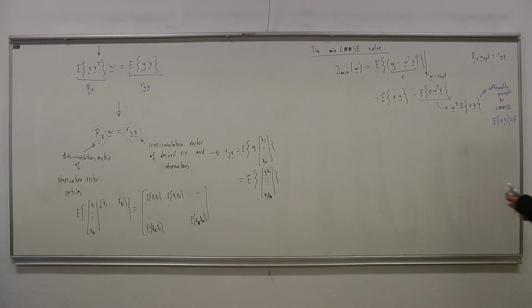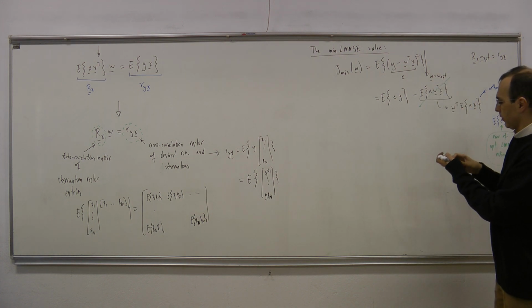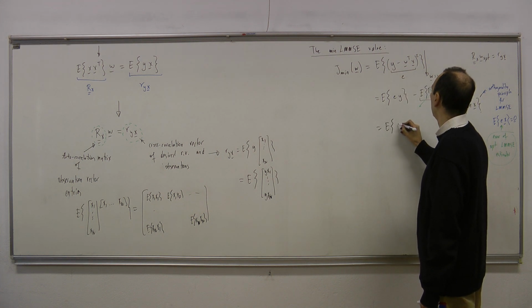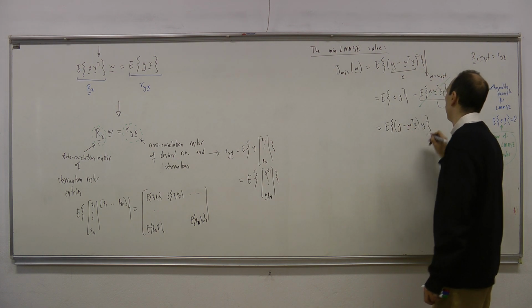But this is only valid when E is the error of the optimal linear MMSE estimator, obviously, because this does not happen for all estimators, but only when this equation is satisfied. So then this is equal to 0. Then what do I have? Then E times Y, so this expected value of Y minus W transpose X times Y.